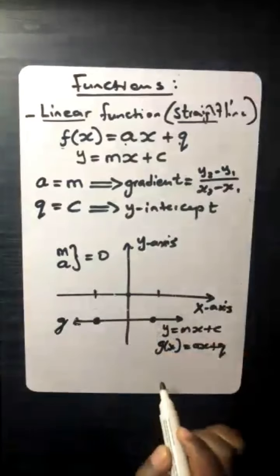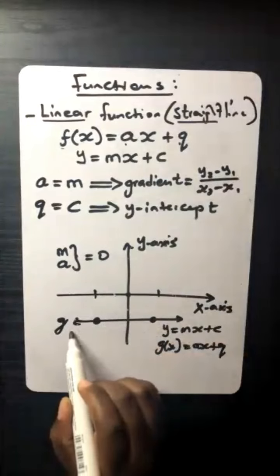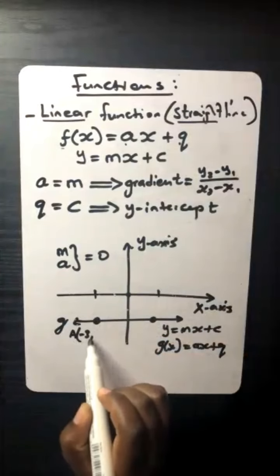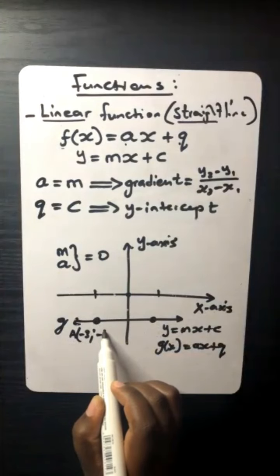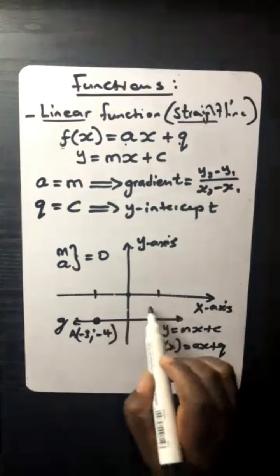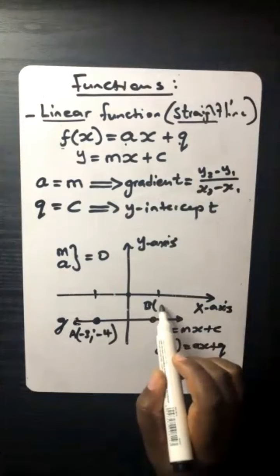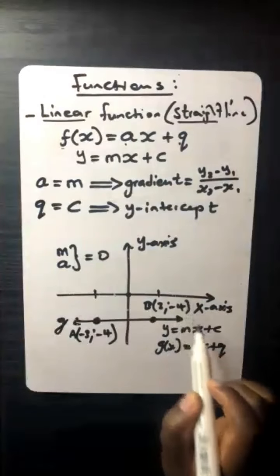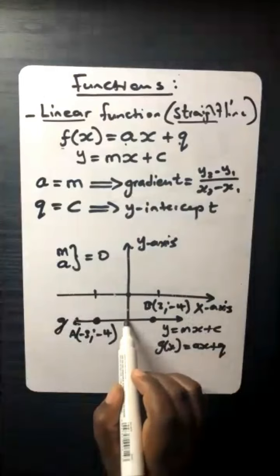Let's say this is A, where we've got x value negative 3, and the y value is negative 4. And then we've got another point B where the x value is 3, and the y value is negative 4.